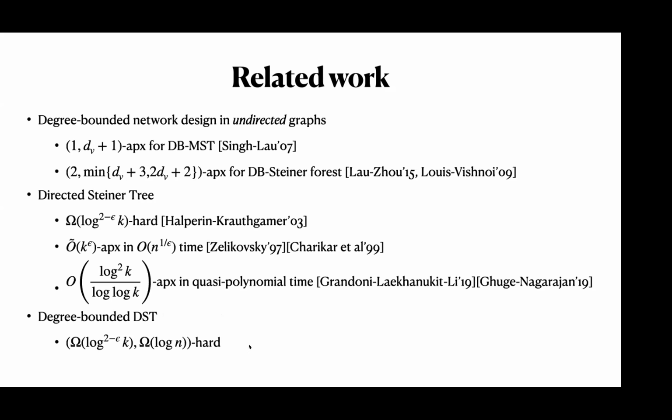We only know a lower bound implied by the DST hardness. Note here, you cannot approximate the degree bound within a log n factor, so you have to violate it at least by this factor. This is by a simple reduction from the set cover problem.